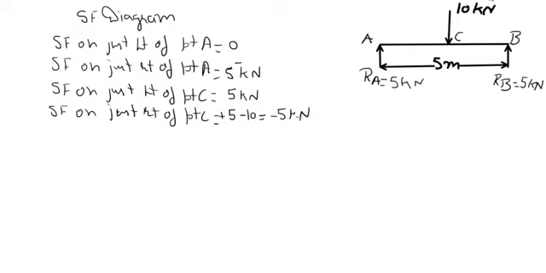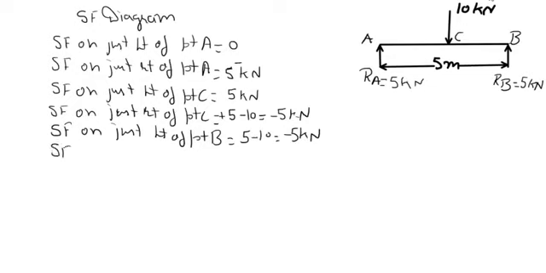Now the next is point B. So again shear force on just left of point B. There are two forces, 5 and minus 10, so net effect is minus 5 kilonewton.